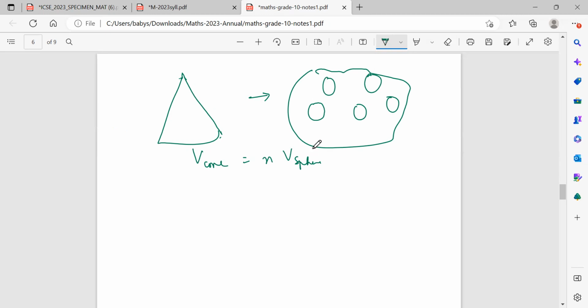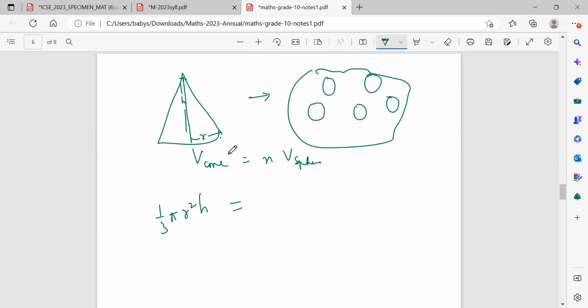Maybe they'll ask you to find n, or they might give you n and ask you to find the radius of the sphere. These are the different types of problems, how we can reword it. For the cone, let's say the radius and the height are given. The volume of the cone is 1/3 pi r square h, isn't it?